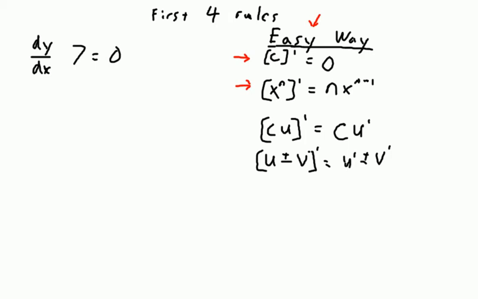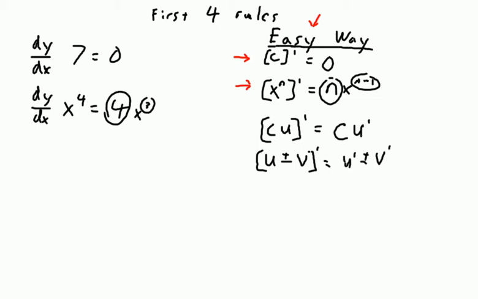Let's take a look at it here. dy dx of x to the 4th is equal to 4 times x to the 3rd. Now please notice that 3 here is 4 minus 1, and the 4 is out front. That's all it is every time when you see something that looks like that.